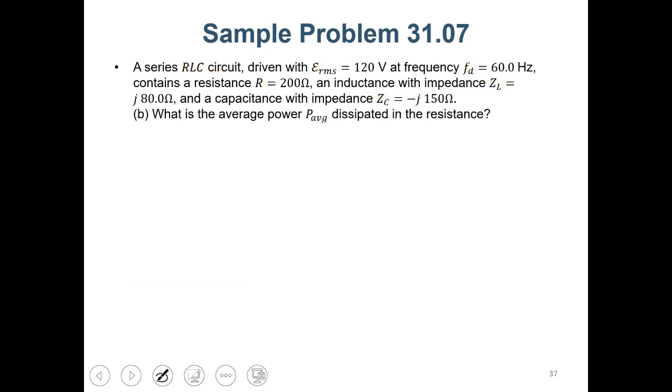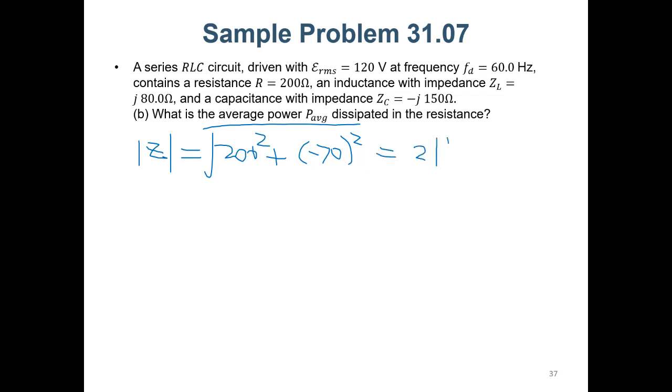Next, what is the P average dissipated in the resistor? We have Z. The absolute value of Z is the square root of 200 squared plus minus 70 squared, which is 211.9 ohm.